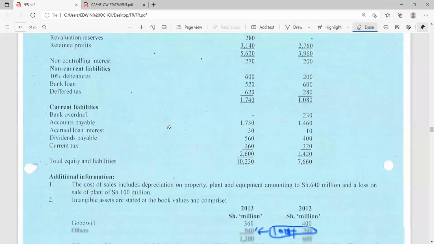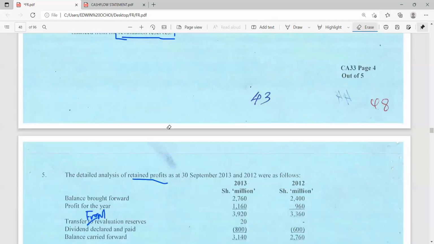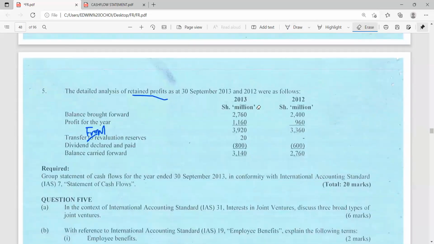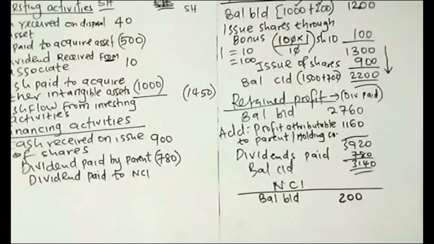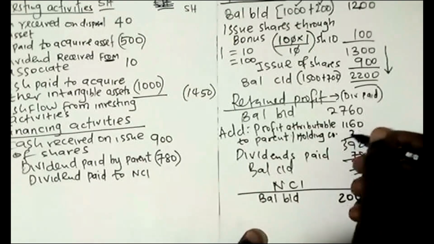Because I can see in my last additional information, we had started with this balance brought down 2,760, 1,160, which is okay. There was this transfer from revaluation, the 20. So the 20 I could have added here.